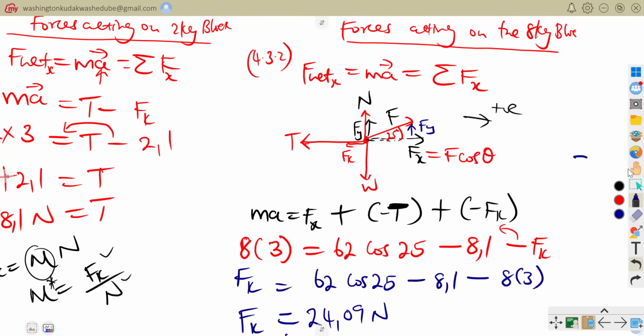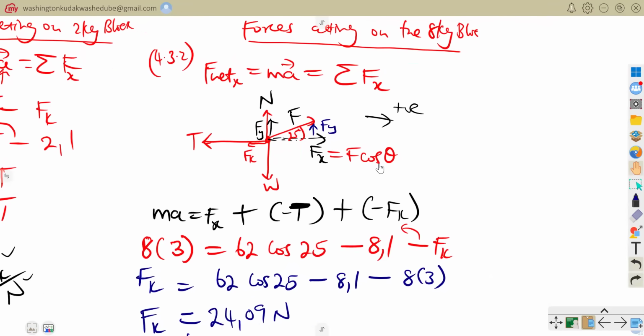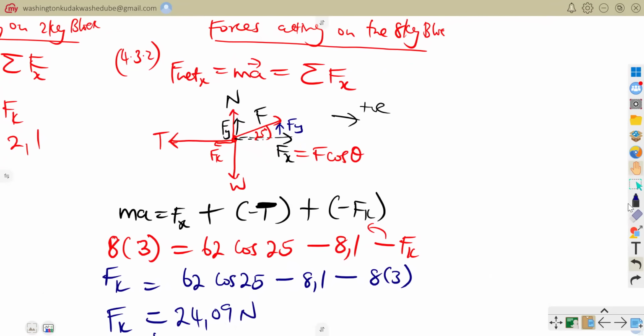So with that, let me show you what I'm actually referring to here. You see that if I use my vertical forces, I'll say that F net in the y direction is equal to 0 because there is no movement in my y direction. So this is equal to the sum of all forces in the y direction.